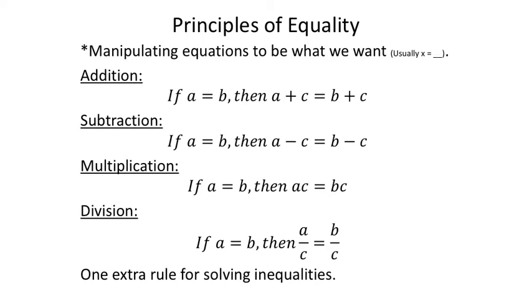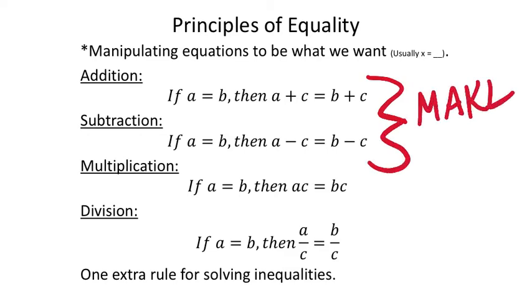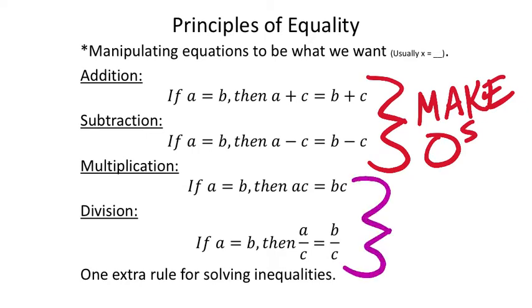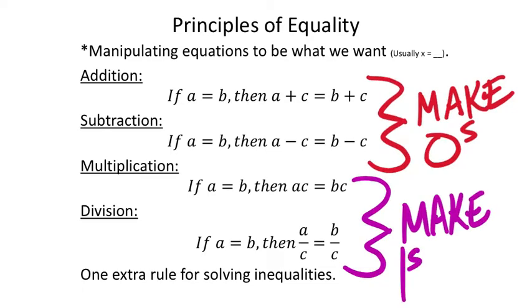So addition and subtraction, remember, we use addition and subtraction to make zeros. And then we use multiplication and division to make ones. And usually that's just with the coefficients, okay? We'll write this in here. That's for the coefficients.